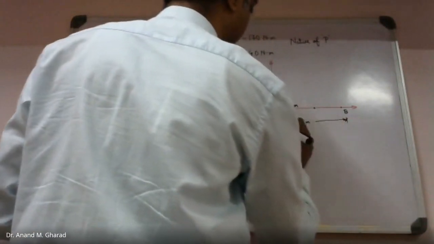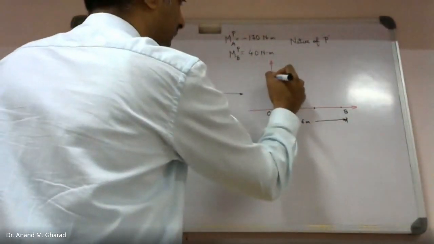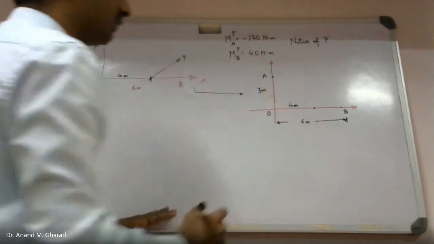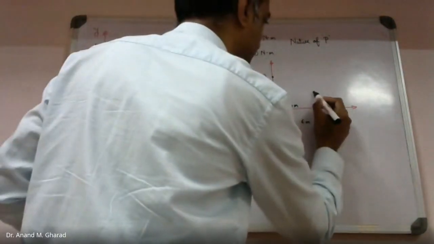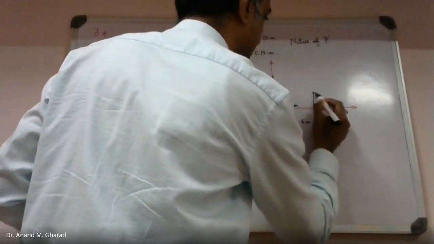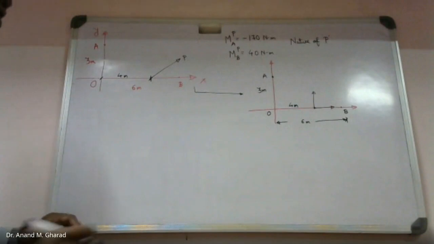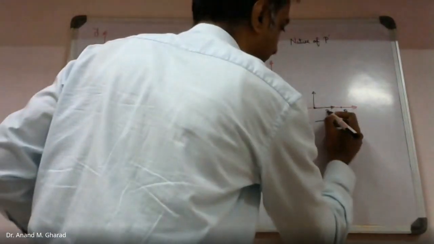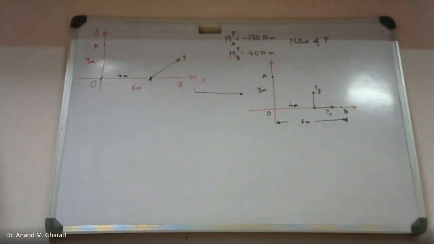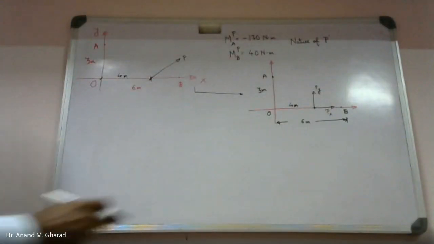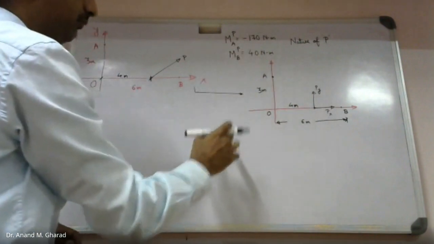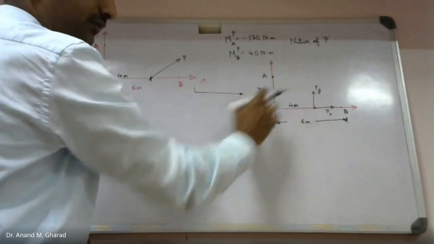Okay, this is given. This is 3 meter, point A. So I will resolve this inclined force P into its two components, Px and Py. Okay. Then you can apply Varignon's principle for this set. Okay.